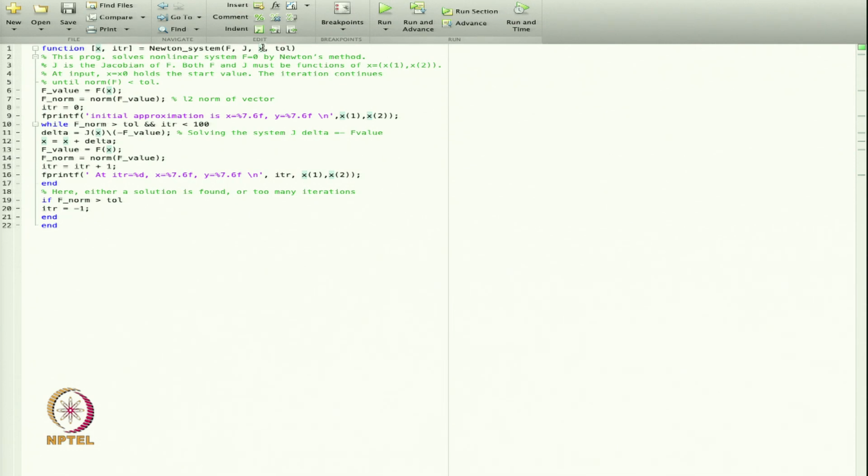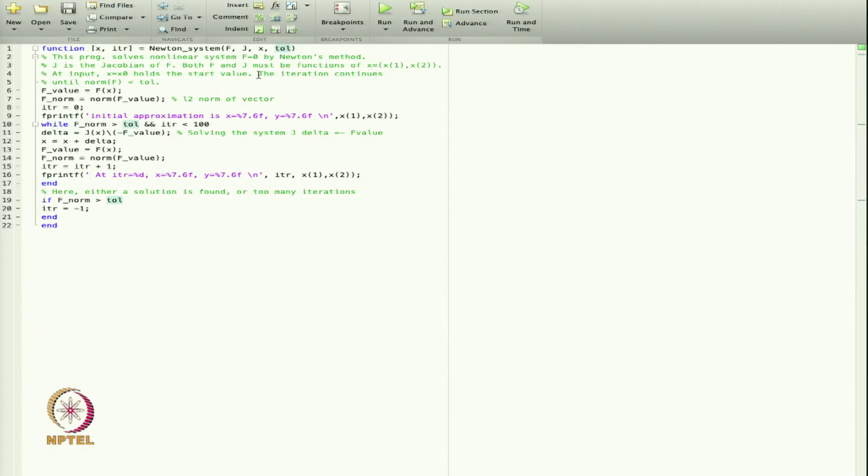So, x1 is x and x2 is y, and this is the tolerance we are giving. This program solves the nonlinear system f equal to 0 by Newton method. J is the Jacobian. Jacobian we know is the partial derivative with respect to the variables x and y.